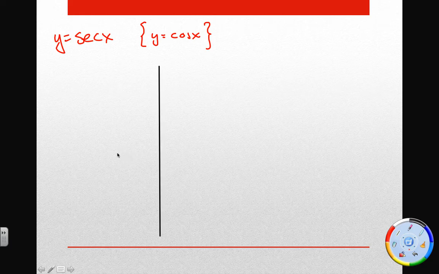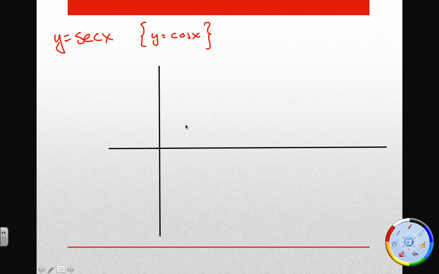Let's look at the parent function for secant x. And I'm basically going to say, oh, this is like cosine of x. Okay. So the parent function for cosine of x is going to do this. 2 pi, pi, and my halves.